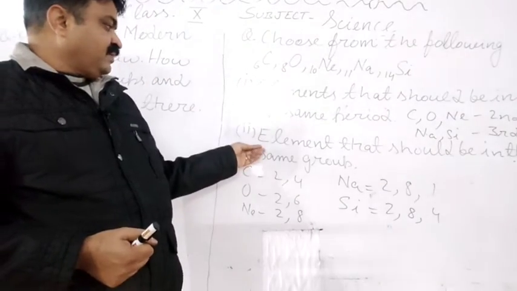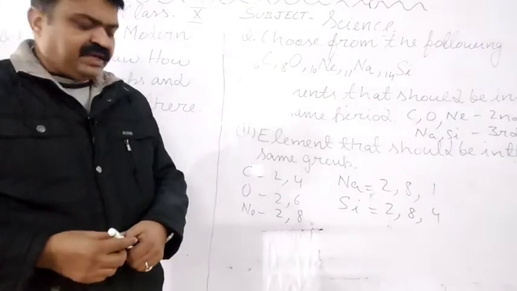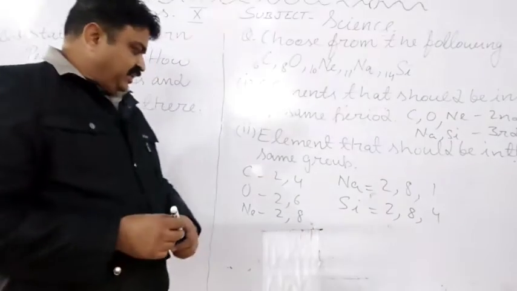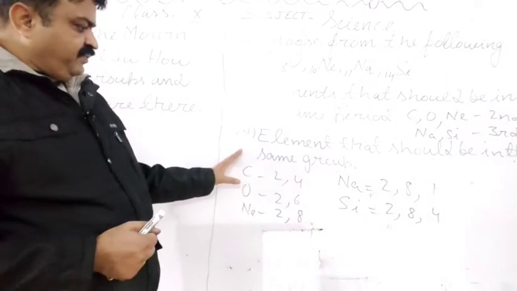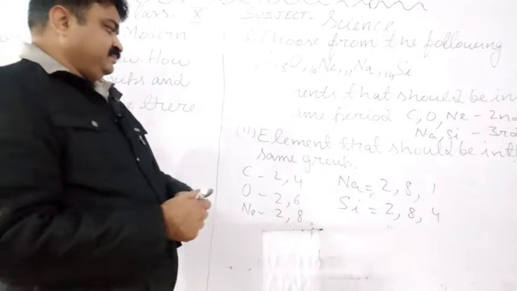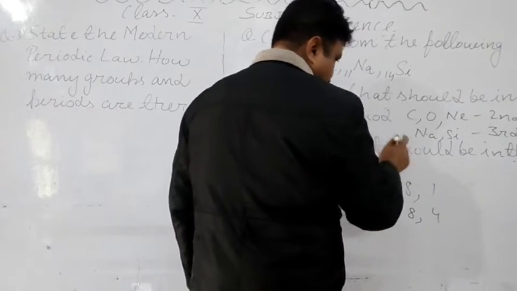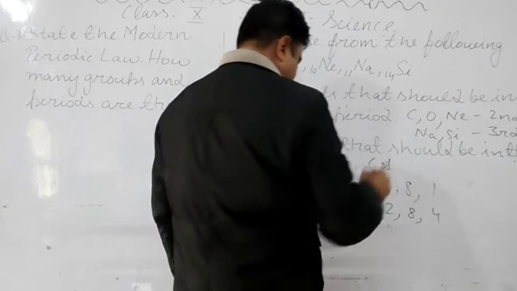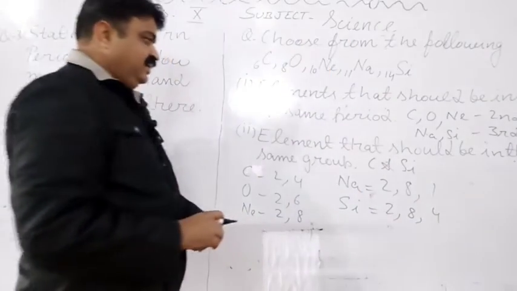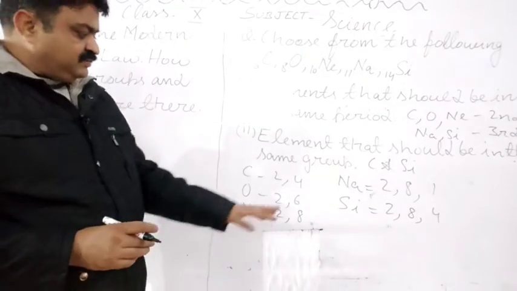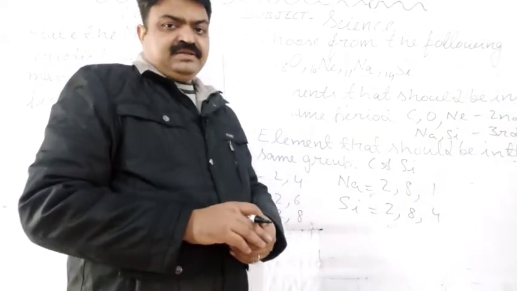Elements that should be in the same group. In the same group, students. So which elements may be in the same group? You can easily find: carbon and silicon are in the same group, because in their outermost shell the electrons are similar.